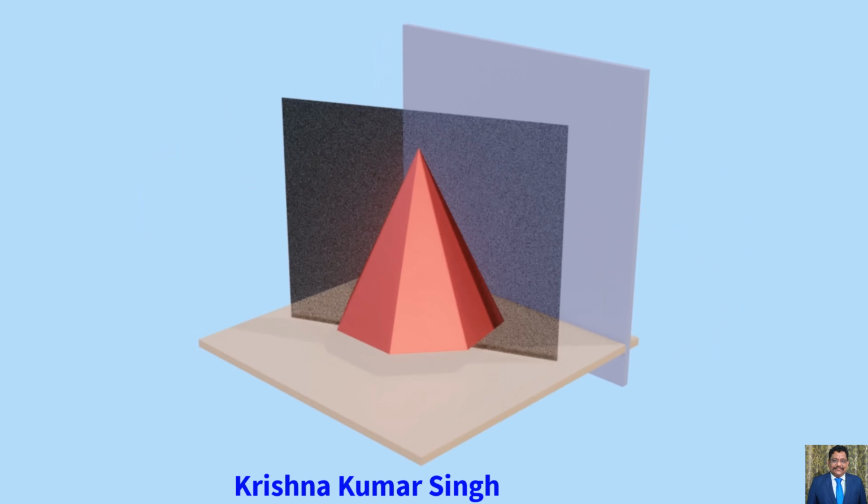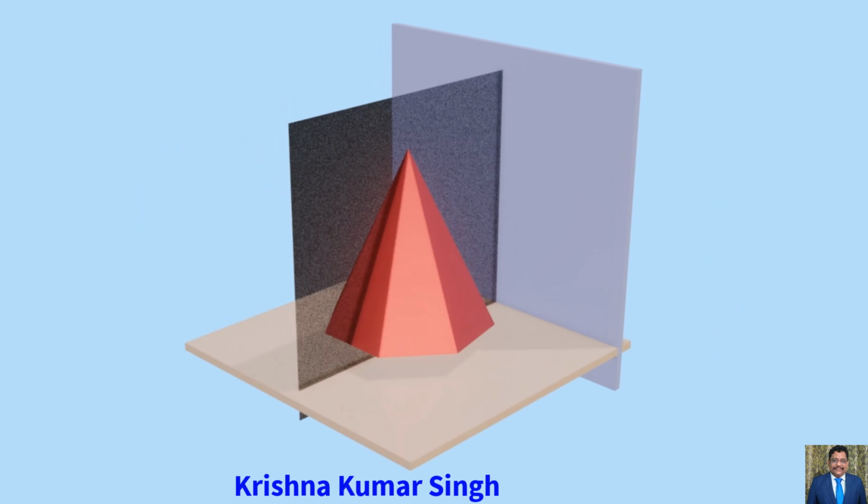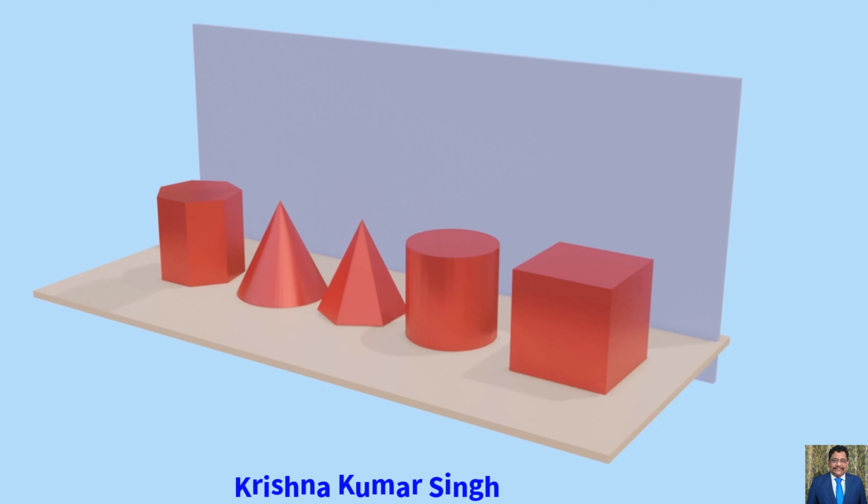In this video, we have seen all possible ways of positioning section planes, and where we will obtain a sectional view of solids like prism, cone, pyramid, cylinder and cube after the solid is cut by a section plane.